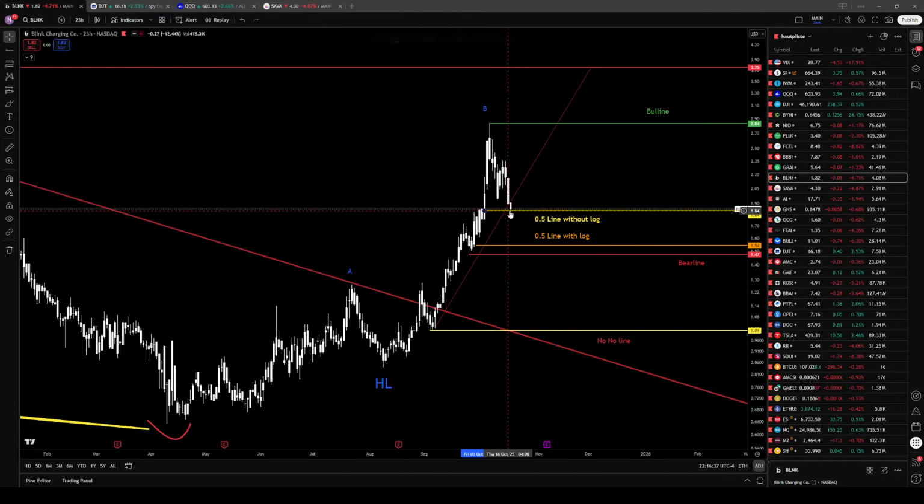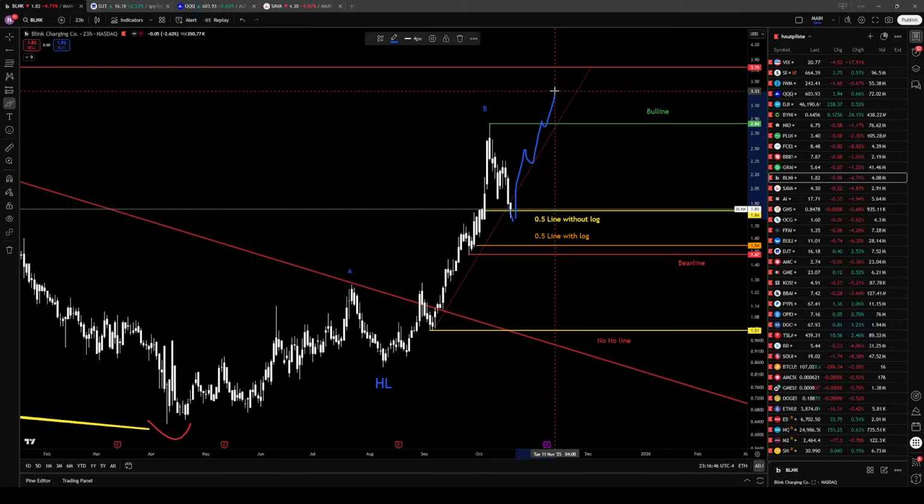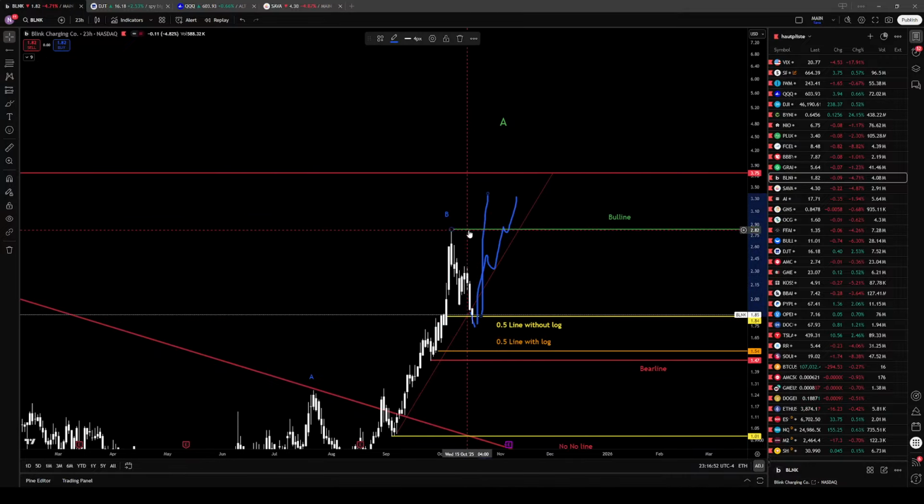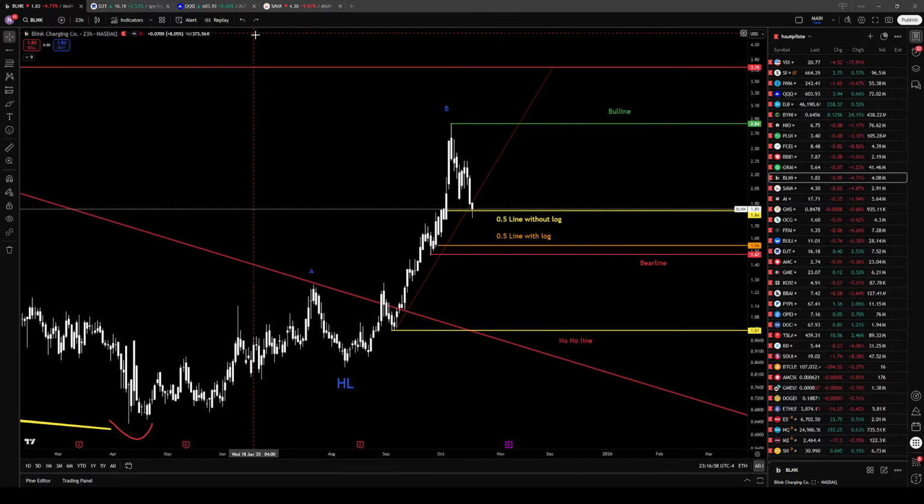So the 0.5 fib retracement without log is exactly here, and we would already be done, in my opinion. This would already be a bounce, and you would just be slowly climbing up the trend line or getting a big push, whatever. Everything over 285 is absolutely bullish.